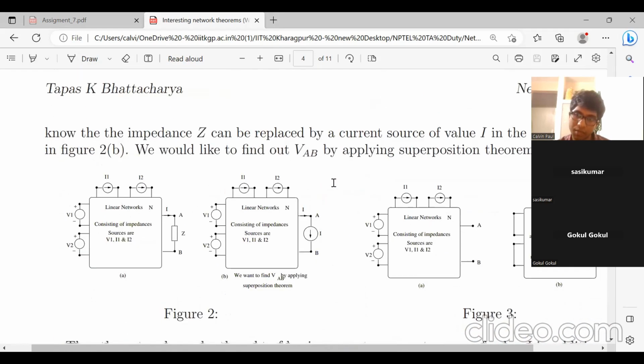In a similar manner, what they have done is replace this impedance Z by a current source I. There are these voltage sources and these independent current sources.